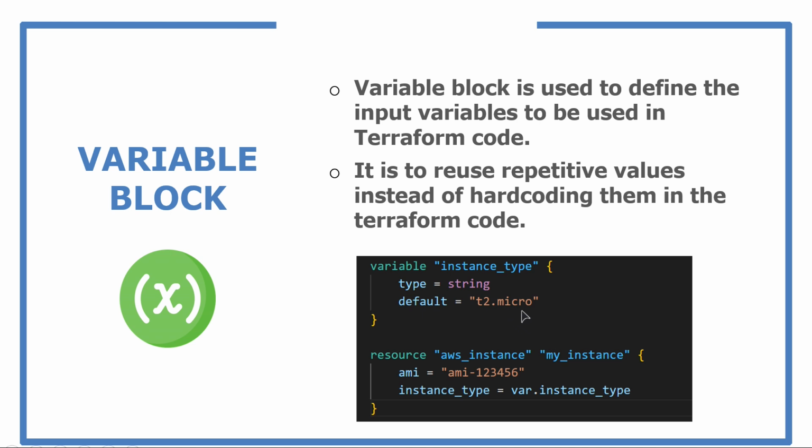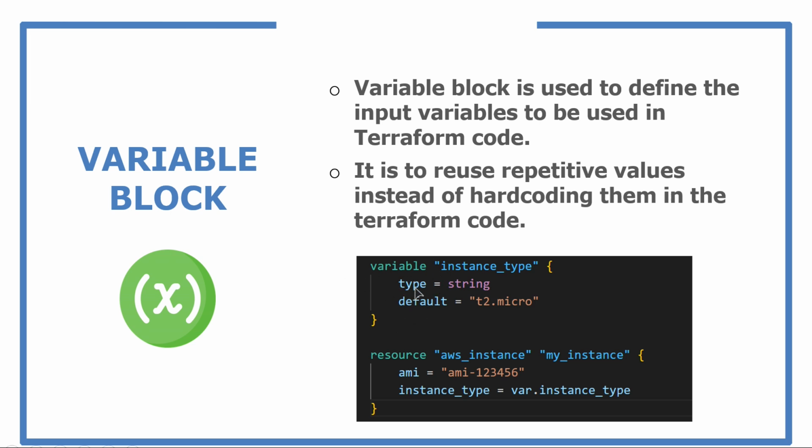Now let's say if I want to change the instance type from t2.micro to t2.medium, I can simply do it once, and wherever the variable is used, that will get replaced. So that is a very good use case of a variable: you just define the variable once inside the variable block, and the value will be inherited in multiple places wherever you have used that variable in the Terraform code.